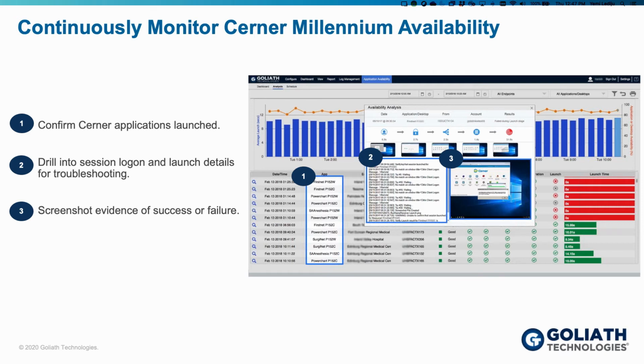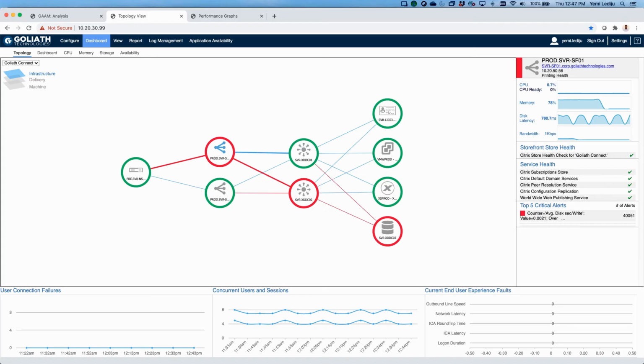And that is really evident in this view, which is our Citrix automatic discovery and dependency map view. As the name implies, this will automatically discover the components or elements in the environment that are associated with the delivery infrastructure.